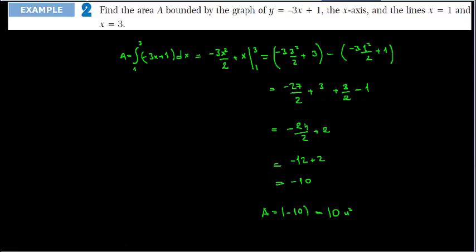The next question. Here, the area between the finite region of the graph y equals 1 minus x squared and the x-axis. Firstly, I have to draw how the graph is going to be.